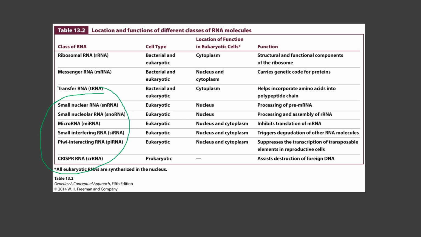And the end of the chapter goes into a little bit of coverage of some of those different ones. But we're really going to focus in this presentation on the role of messenger RNA in particular, because that's how in many ways the information that's encoded in DNA is eventually used and turned into protein.